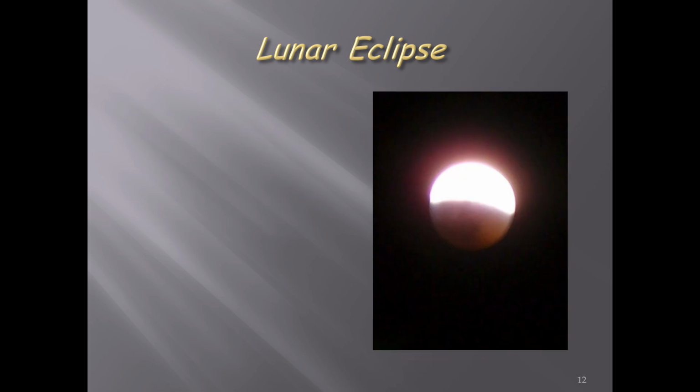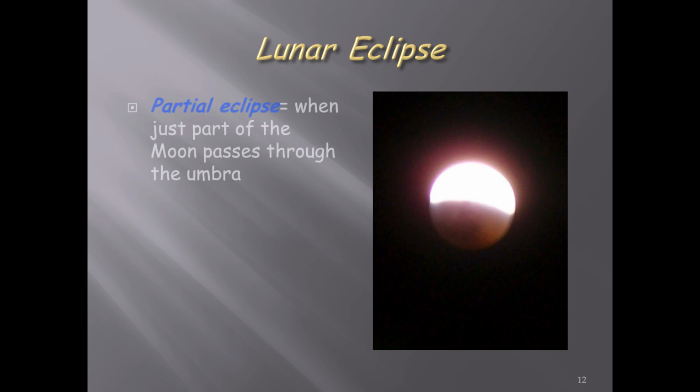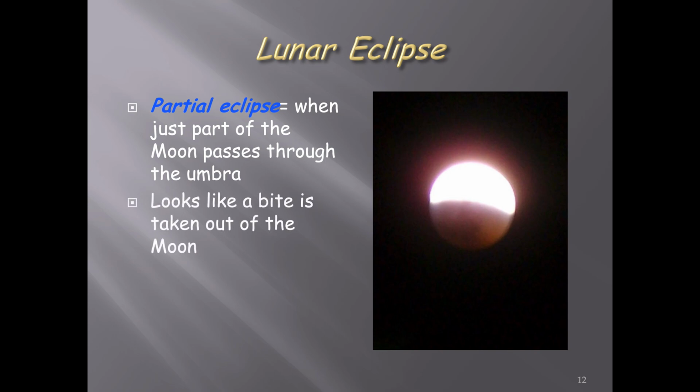Here, we see almost looks like a wonky lunar phase that we didn't discuss, right? This is a partial eclipse. And like the name suggests, part is in each shadow area. Part of the moon is in the umbra, and then the other part is in the penumbra. So this is oftentimes referred to as an odd lunar phase, or sometimes people will say it looks like there's a bite taken out of the moon.